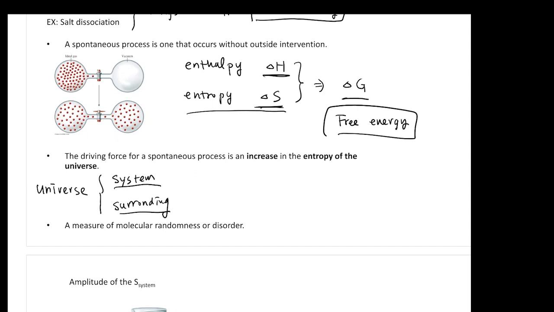Assuming today you're doing a chemical reaction. Most of the time, you have a beaker or flask. Then you put in your reactants. Let's say we put sodium chloride into water to form a solution. Then we call this our system. And all the other things, we call the surrounding.